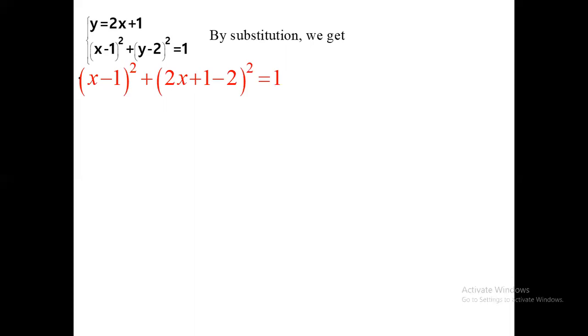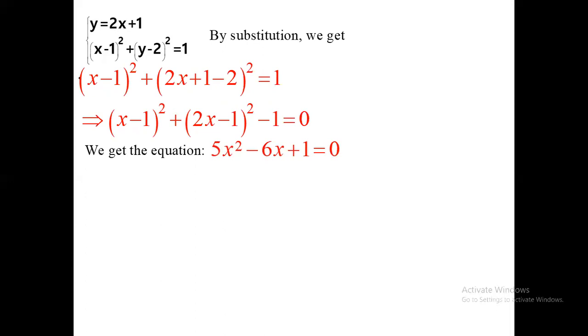So the circle's (x minus 1) all squared is kept as it is, whereas in y minus 2, this y is taken from the line. So we replace this y by 2x plus 1. So we'll have (2x plus 1 minus 2) all squared equals 1. As you can see, this is an equation with one unknown, which is x.